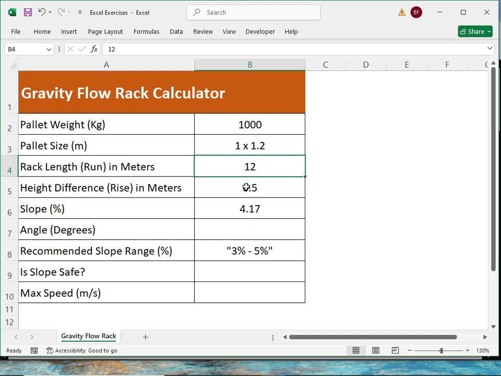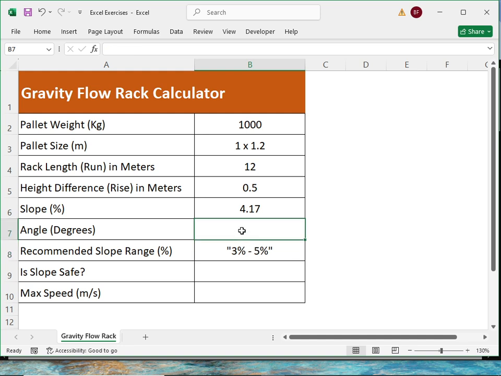You can also adjust this, and if you adjust the length and the height difference of the rise, of course the slope will differ. The recommended slope range is between 3% to 5%. That would be safe enough for the pallet to slide along the gravity flow rack.